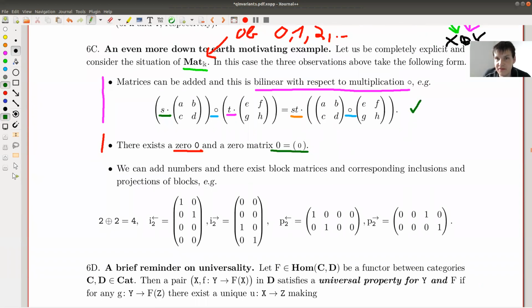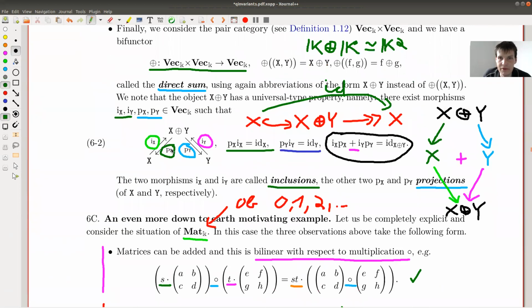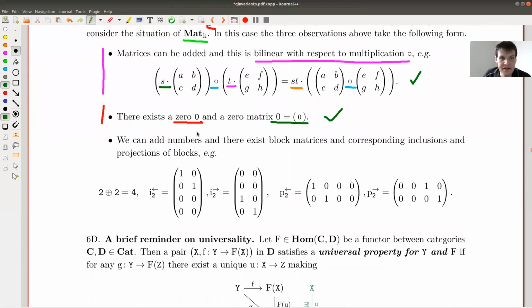Okay, so this is easy. This is also easy. And now let's have a look at this one. So the direct sum is, of course, exactly what you think it is, like 2 plus 2 is 4. Remember, this is strict, so 2 plus 2 is really just 4. It's just another way of writing 4. And the inclusion maps and the projection maps are, again, what you think they are.